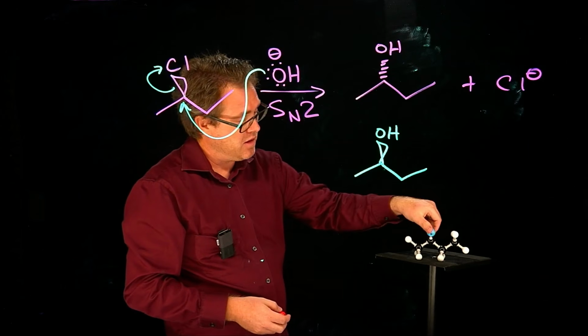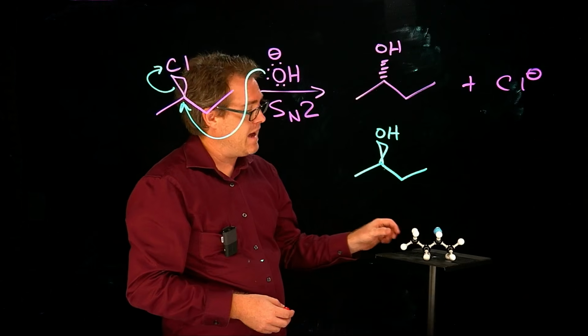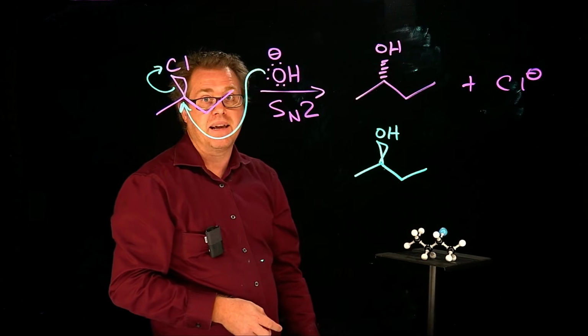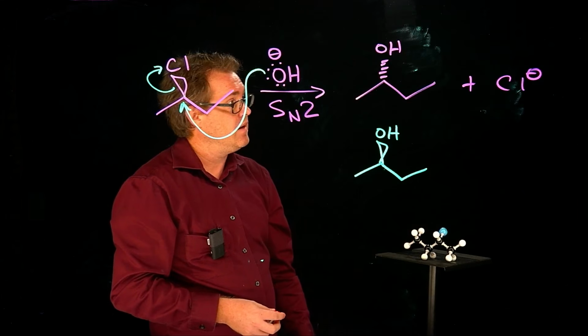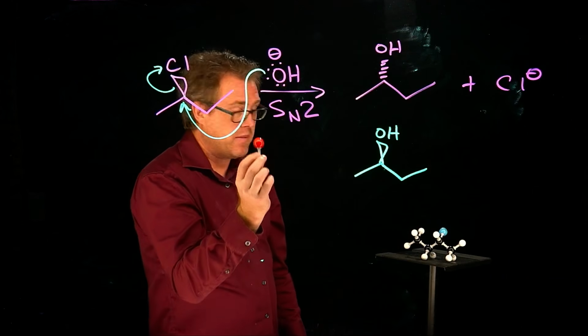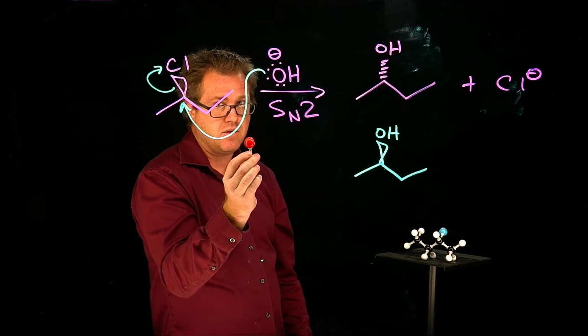If I took this molecule and rotated it like that, now the blue atom, or the chlorine, is sticking away from you. So think about this. The way this red atom is approaching, is it backside attack or front side attack?